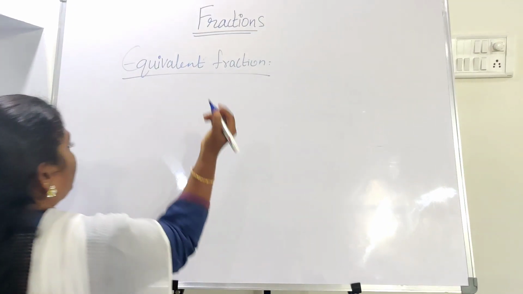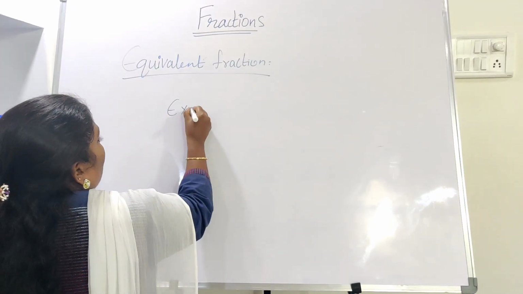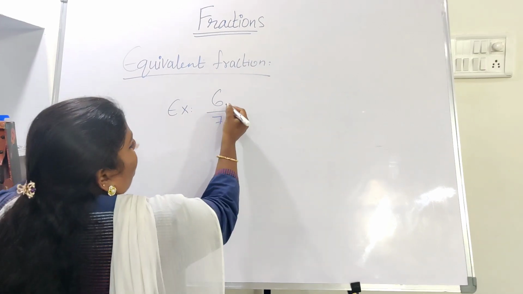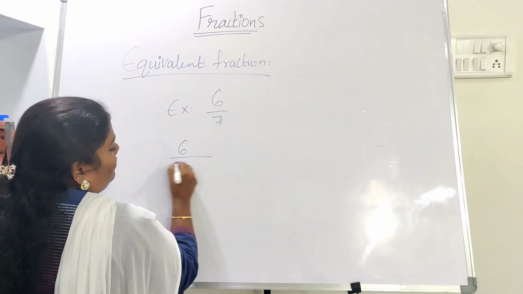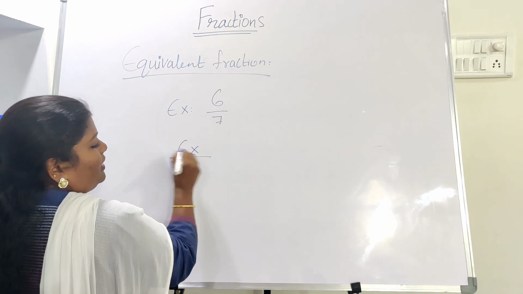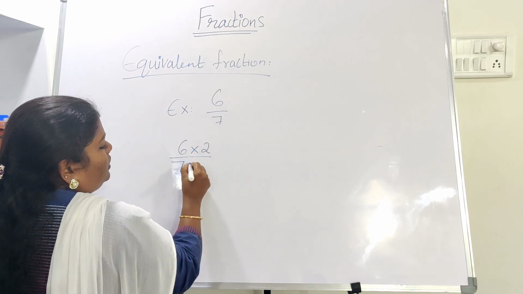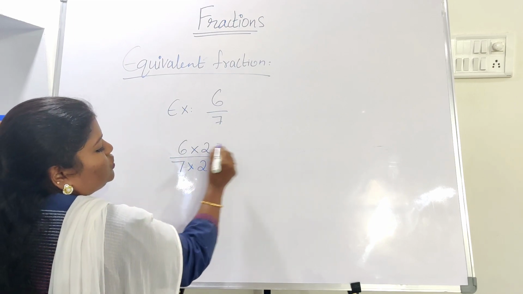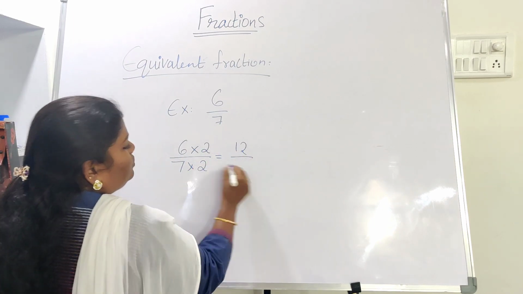For instance, if I take 6 by 7 and multiply numerator and denominator by 2, I am going to get 6 2s are 12, 7 2s are 14.